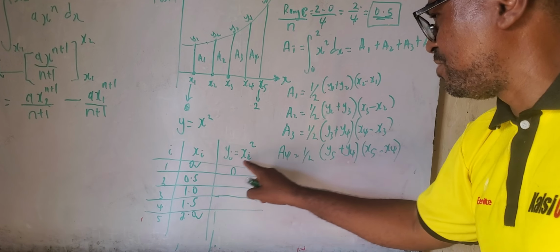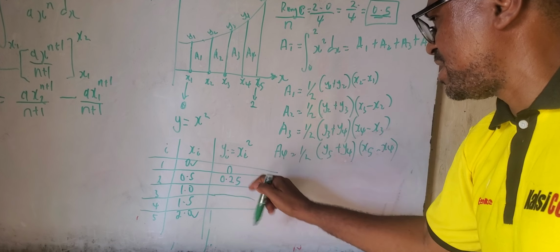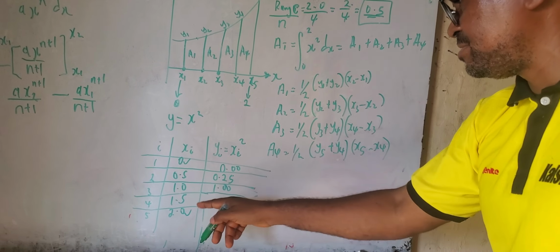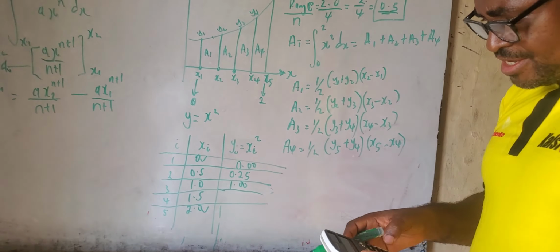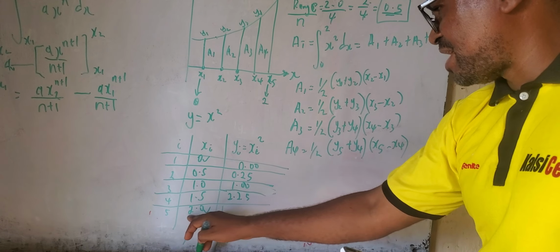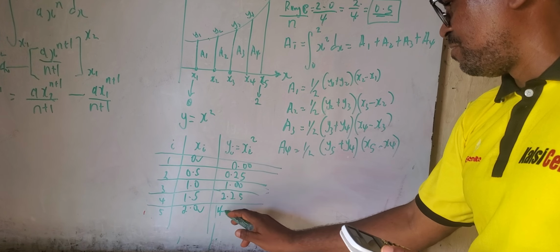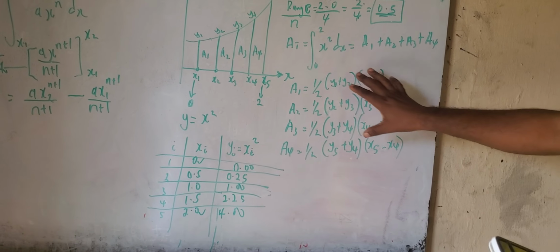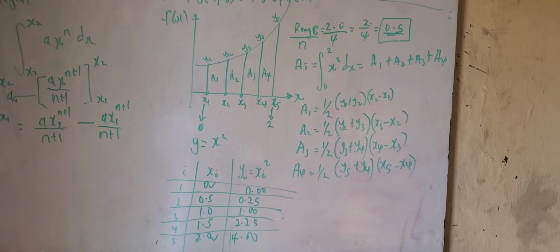When x is 1, when we square it, it's going to be 1.00. Let me put it to two decimal places. When x is 1.5, 1.5 squared is 2.25. When x is 2, 2 squared will give us 4.00.